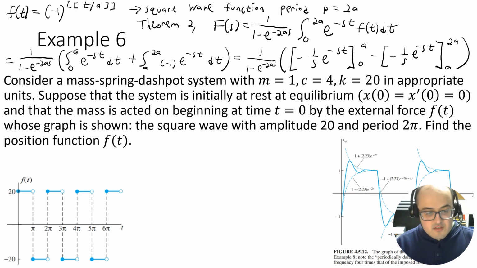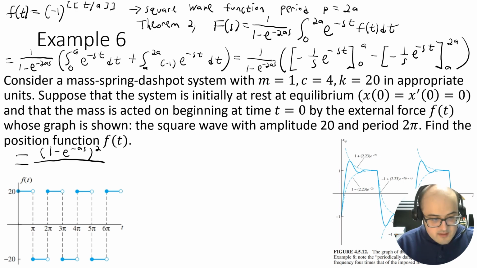Okay, so that will give us, and I'll continue that down here, 1 minus e to the negative as, the whole quantity squared, divided by s times 1 minus e to the negative 2as.